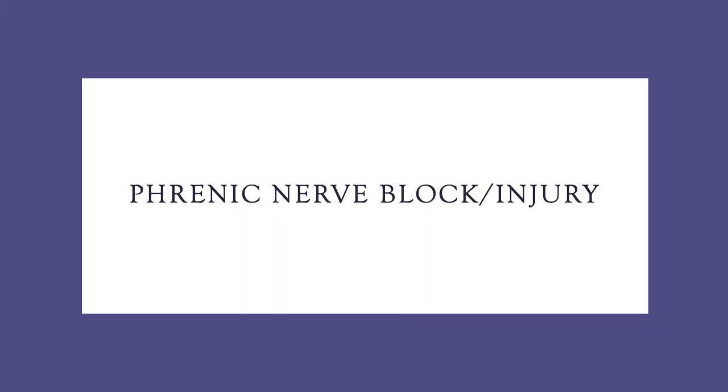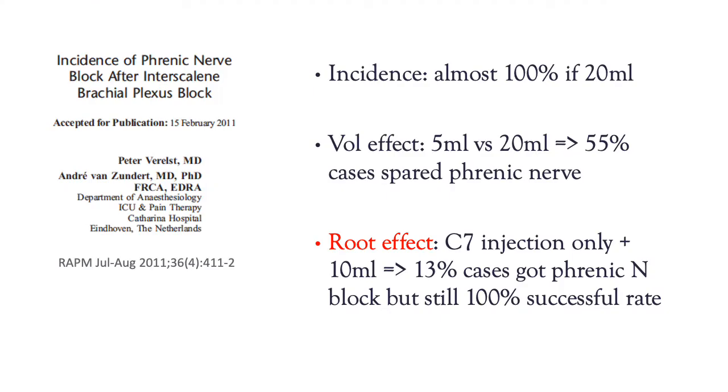So first of all, I want to talk about the phrenic nerve injury. How common is this problem? Actually, very common. If you inject 20 ml of local anesthetic, the incidence is almost 100%. And if you reduce the local anesthetic down to 5 ml, you can still have half of the cases involving the phrenic nerve.